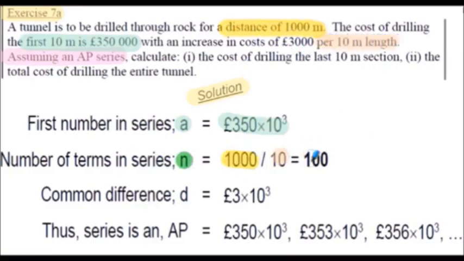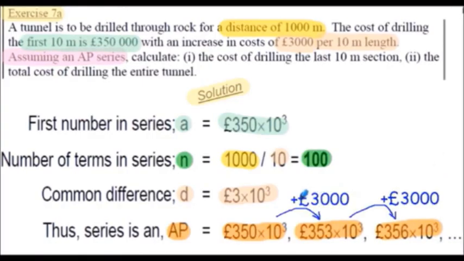So the number of terms is 100. The common difference in the series D is £3,000. Showing the first three terms, first term is £350,000, second term £353,000, third term £356,000, etc. Common difference £3,000.